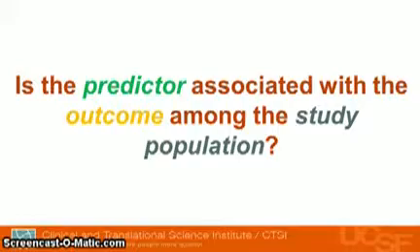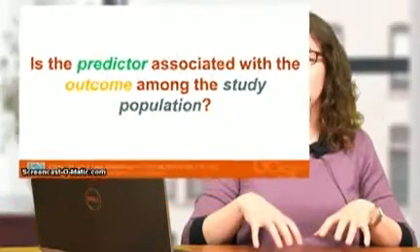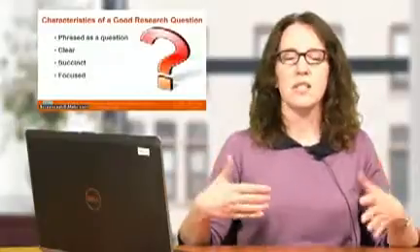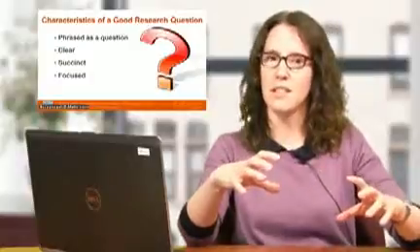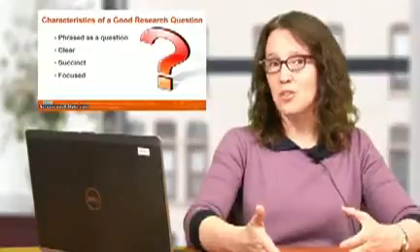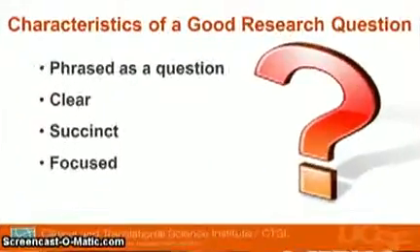Now, when you're writing the question, there's a few characteristics that you want to focus on. So the first is that you really want to phrase this as a question. A lot of students, when they're beginning, will write a statement as the research question. Please end this sentence in a question mark and create it as a question. You want to make the research question really clear.